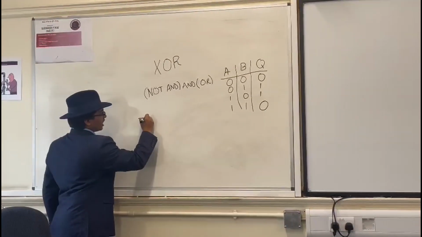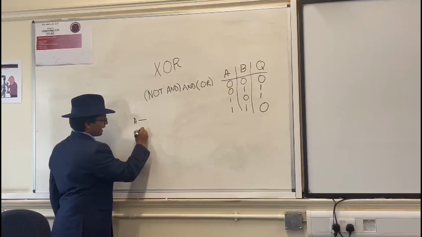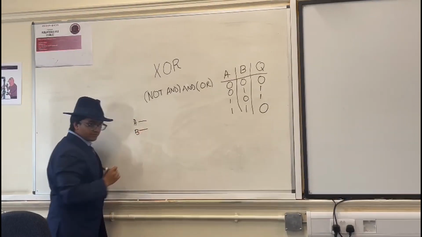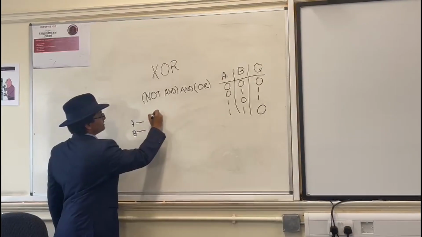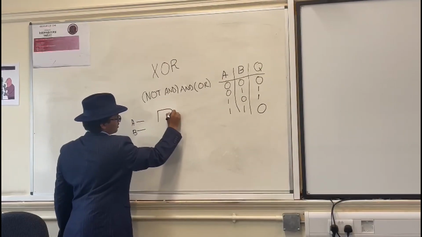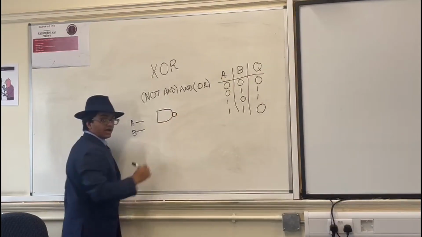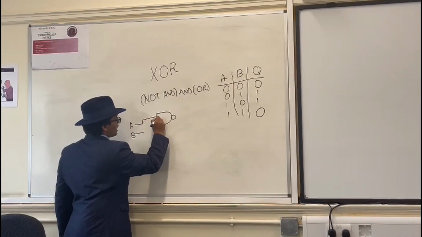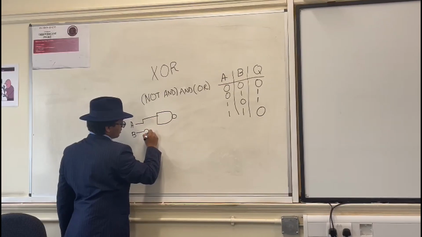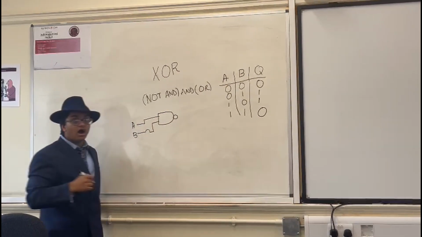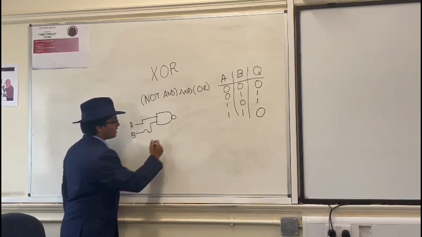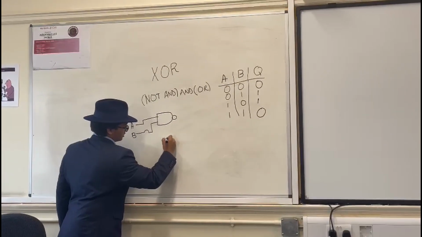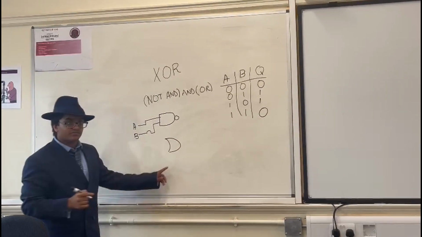We have our starting input A and our starting input B. We are then going to take the NOT of the AND of both A and B. After this, we are going to take the OR function.